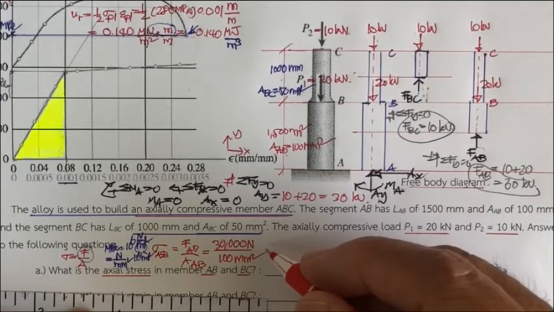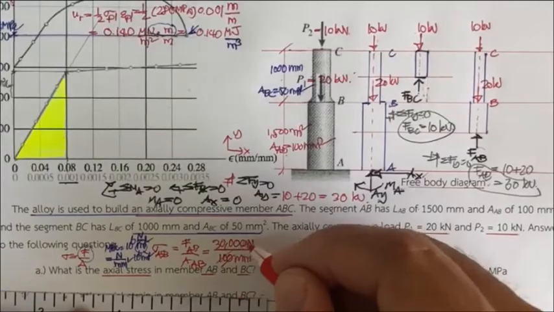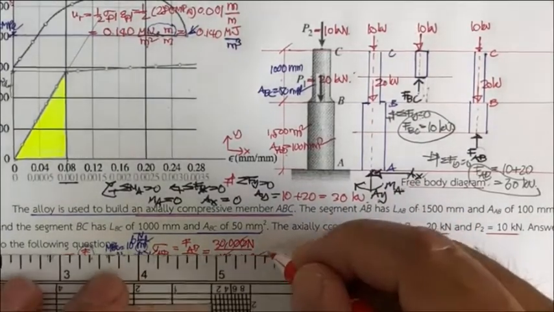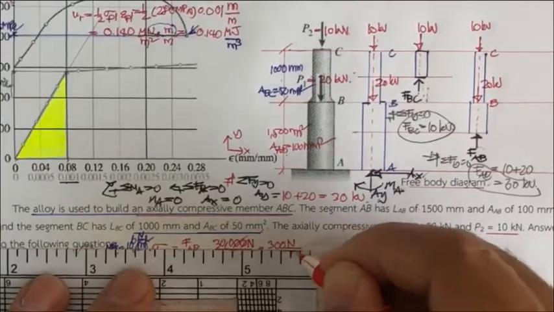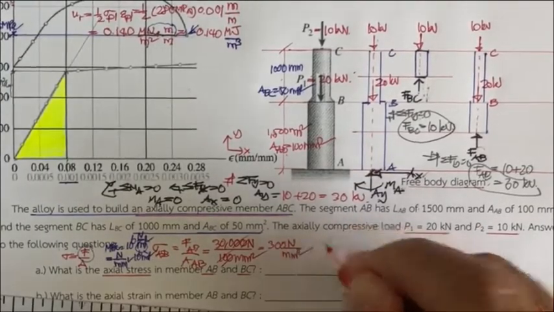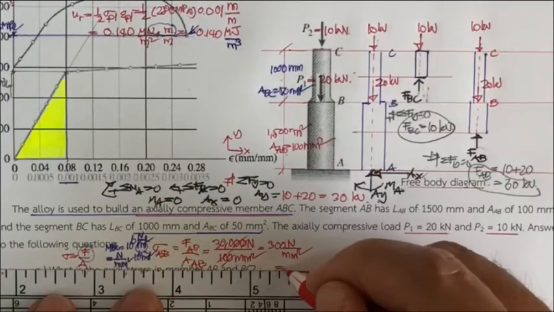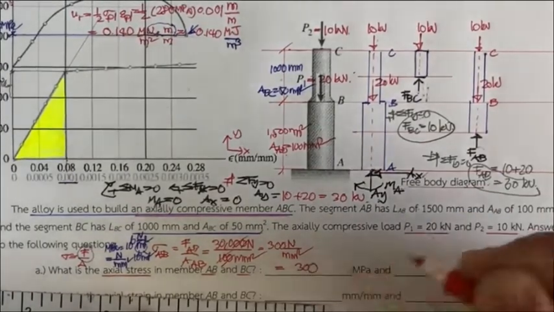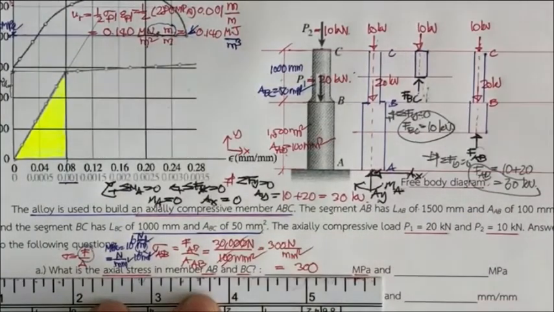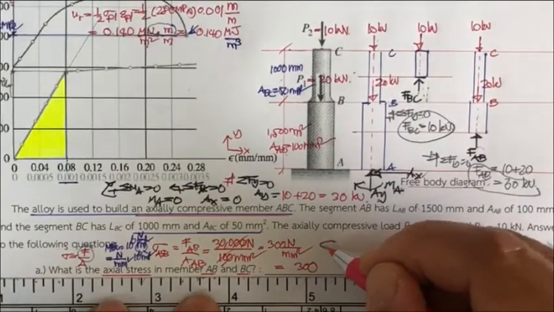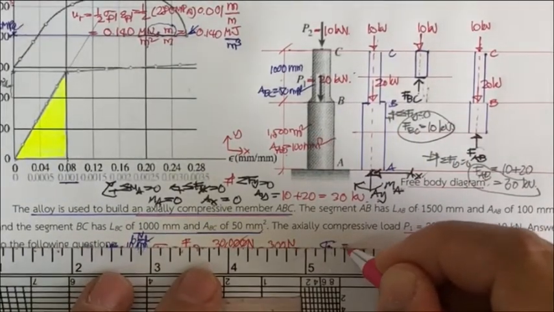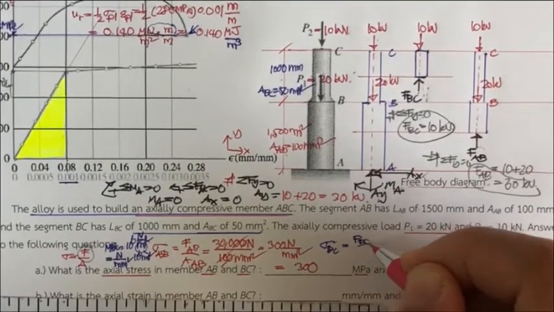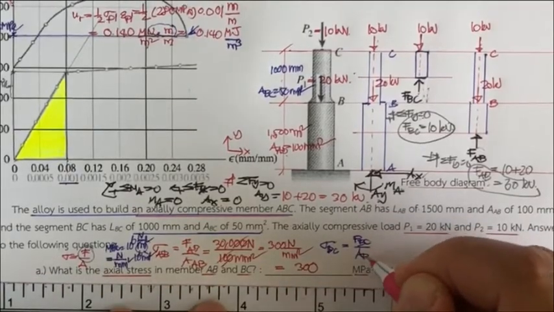If you put it into your calculator, this is going to be 300 Newton per square millimeter. So the answer here is going to be 300 megapascal.